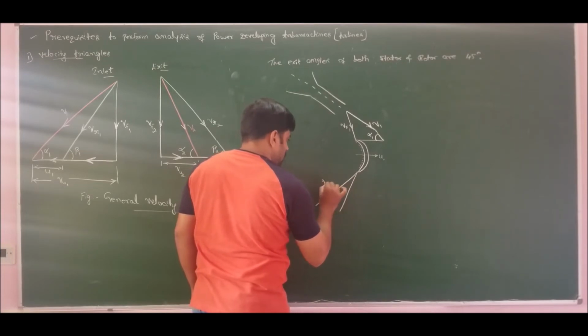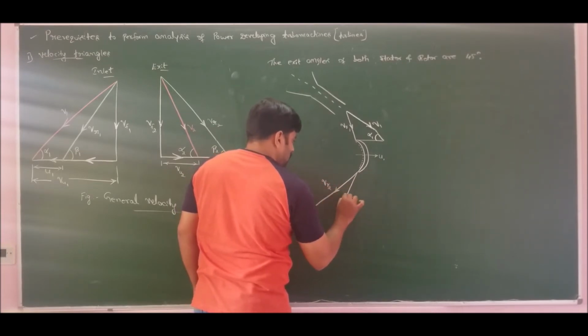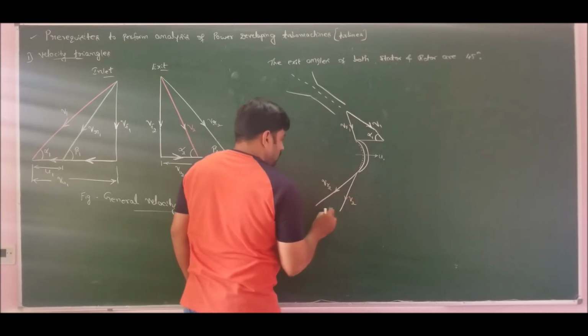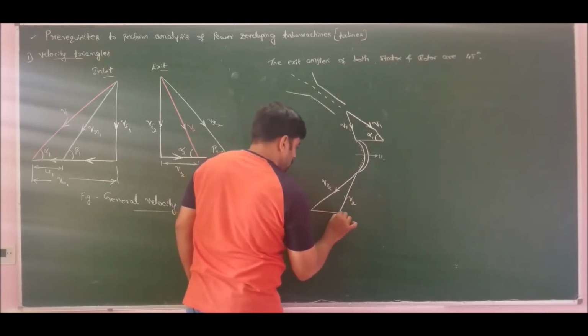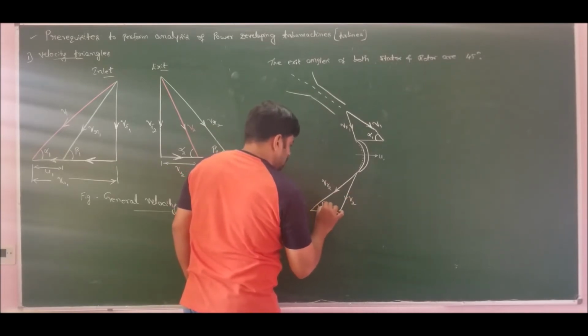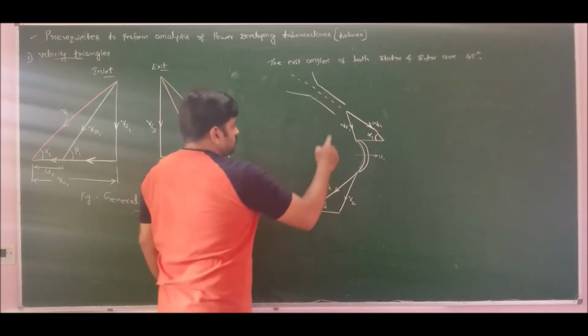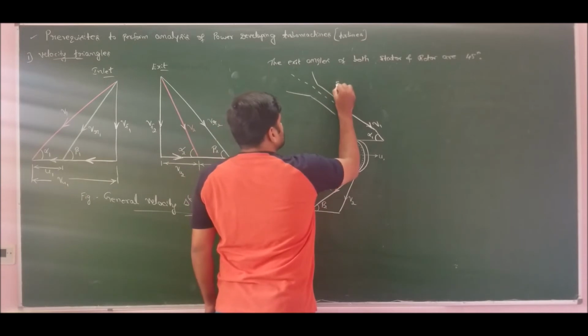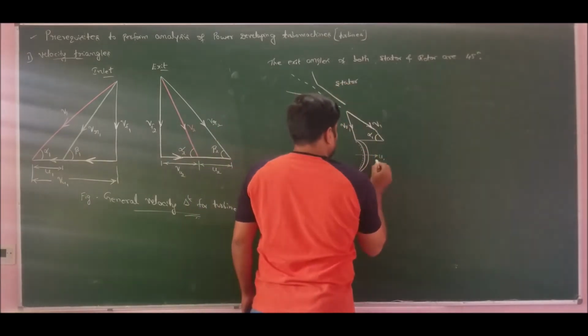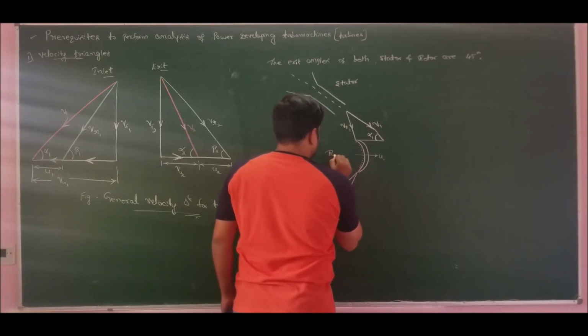We have relative velocity VR2 and absolute velocity V2. So the angle made by this is beta 2, correct?